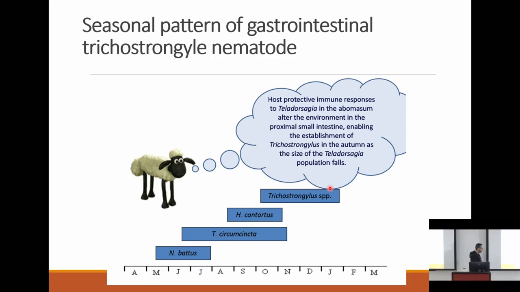But in general, their season is from May to July. Teladorsagia circumcincta is from July to November, and Haemonchus is mostly in the rainy season, from around September to November.